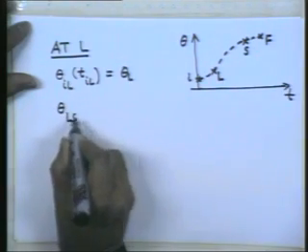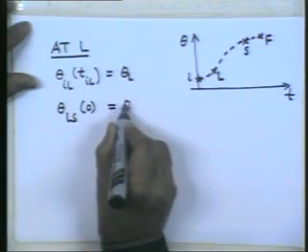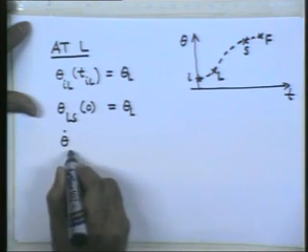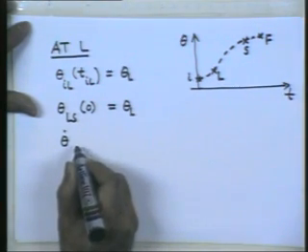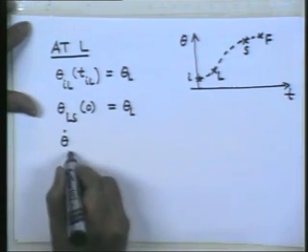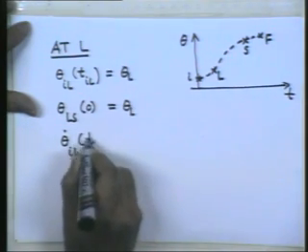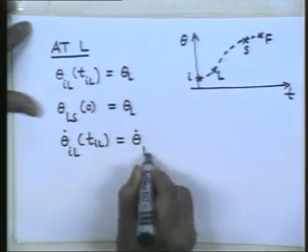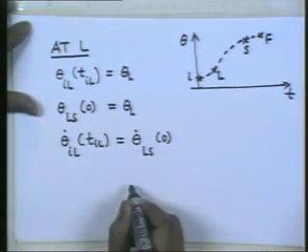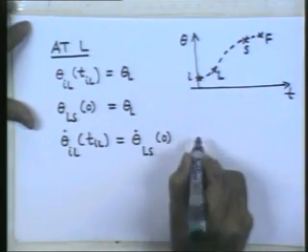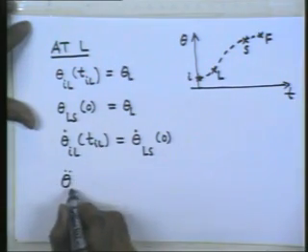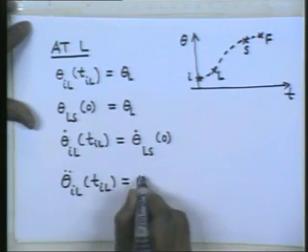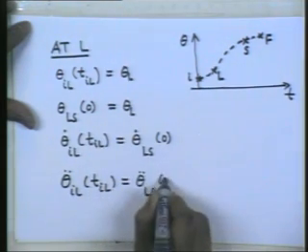Theta LS at 0 should be theta L, and velocities and accelerations should be continuous at the position. So, theta dot of IL at T IL should be equal to theta dot of LS at 0. This is velocity continuity, and theta double dot IL at T IL is theta double dot LS at 0.